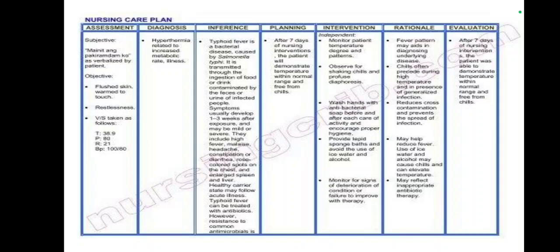By that, you will identify your objectives. They can be short-term or long-term goals, especially if the patient is your primary patient. When we say primary patient, it depends on how long the patient will stay in the hospital, and the care is based on the time when you will take care of the patient.